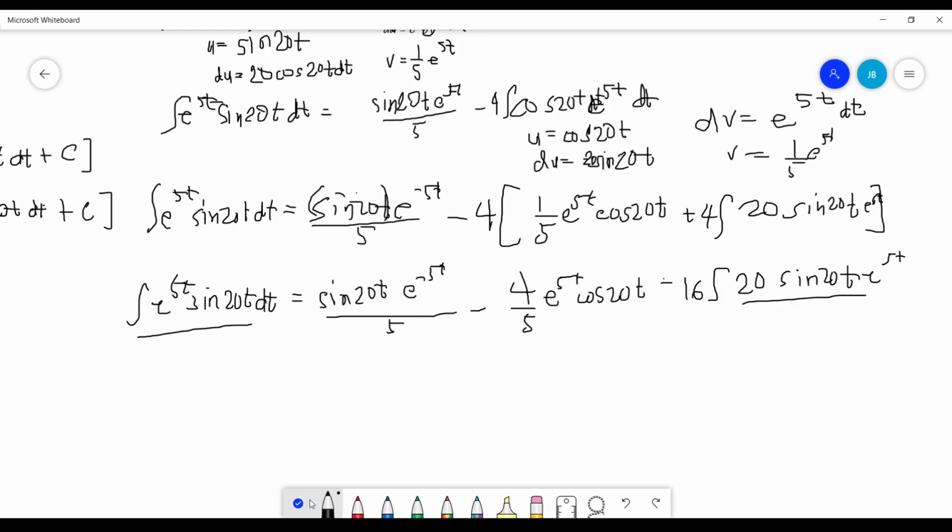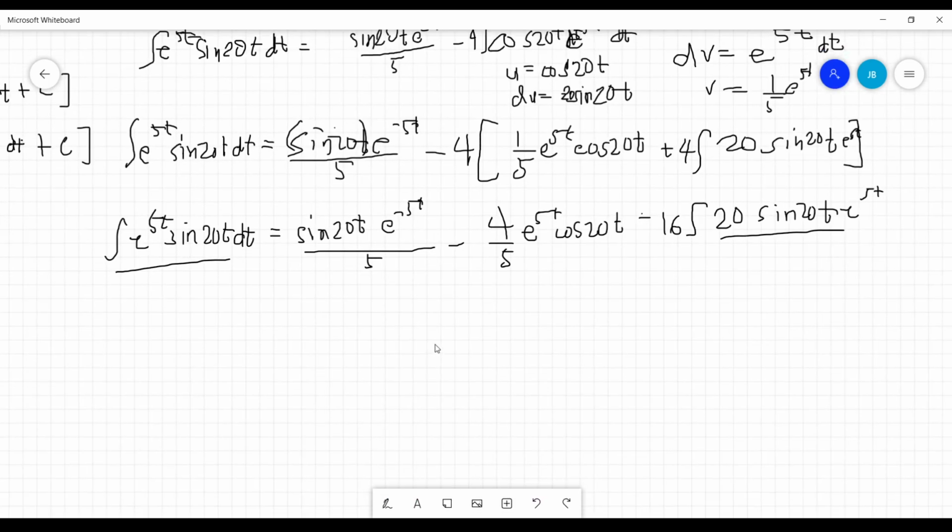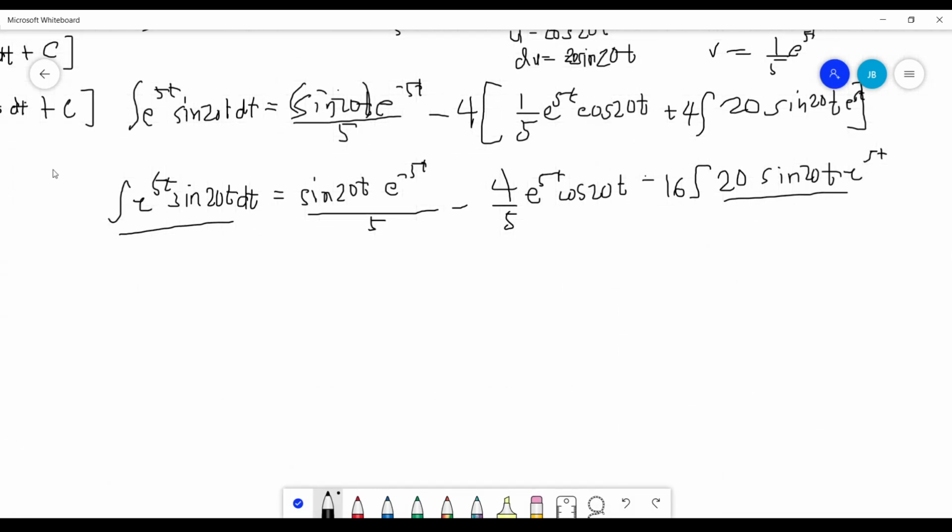So what we will do is we are going to transpose.